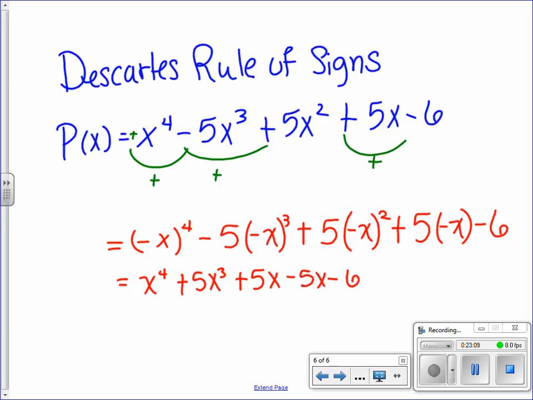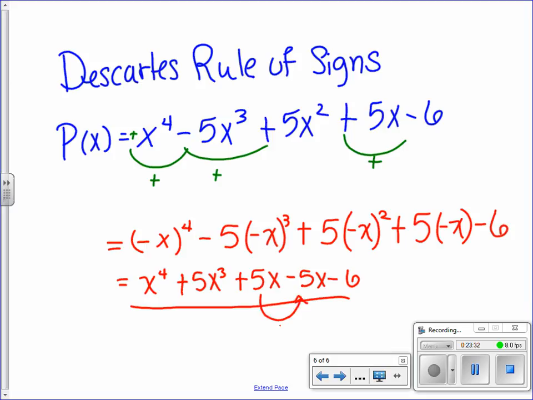Now, listen closely to what I'm going to say. It is not sign changes from here to here. It's sign changes through the problem. Okay? It is not how many times did the sign change from the original to the new. That's a positive, that's a positive, that's a positive. Oops.